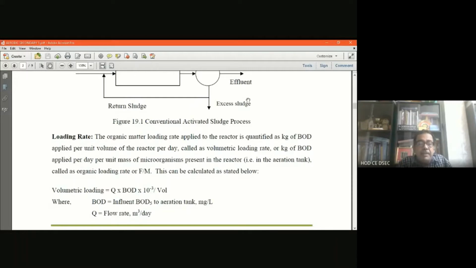And if you divide by volume, you will get the volumetric loading rate. So volumetric loading rate is given by the equation Q into BOD divided by volume. Why Q into BOD? Because once you multiply the BOD with the discharge, you will get the total BOD in terms of mass, kg, divided by the volume, that is meter cube, will give the volumetric loading rate. Fine.